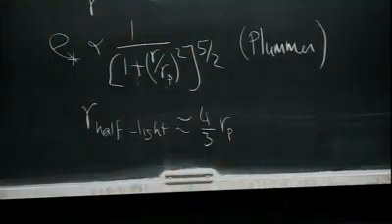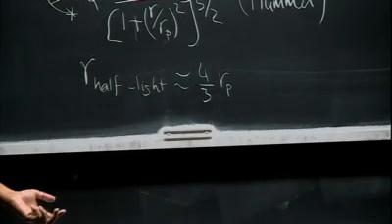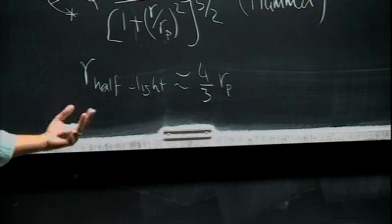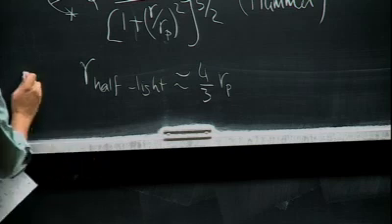Okay, so RP essentially tells you something about where most of the stars are. So if I say RP is 300 parsecs, then it basically tells you that half of the light in that galaxy that you see is within 400 parsec. Okay, so this is a directly observable thing.